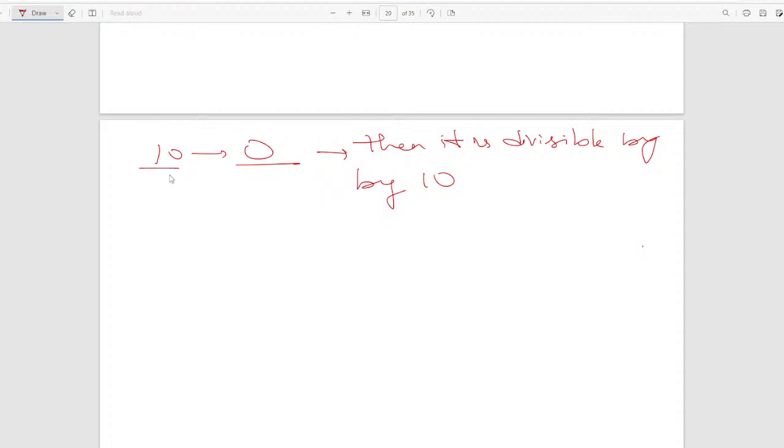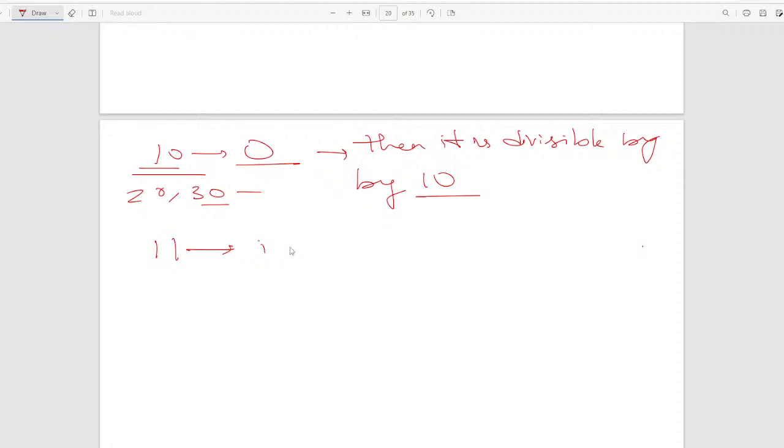For example, 20, 30, 40, whenever you have the last digit as 0, it is divisible by 10.